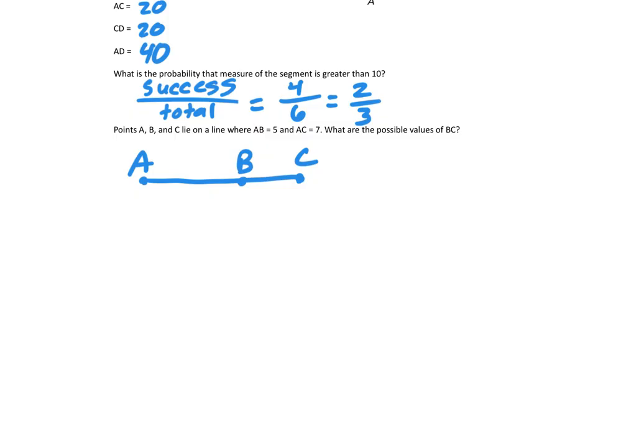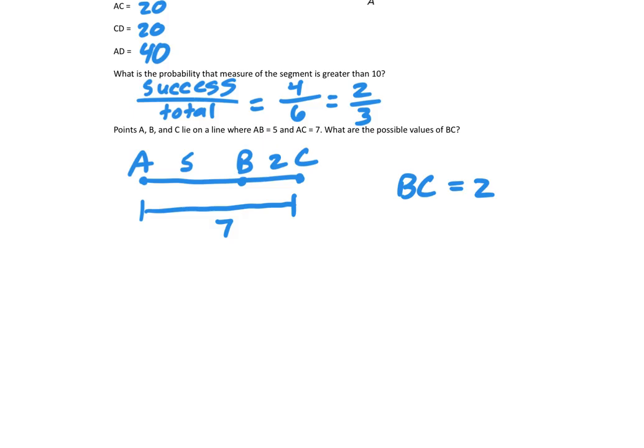But what we do know is AB is 5. We know that AC is 7. So what would the length of BC have to be? 2. And that's what it's asking us, what are the possible values of BC?